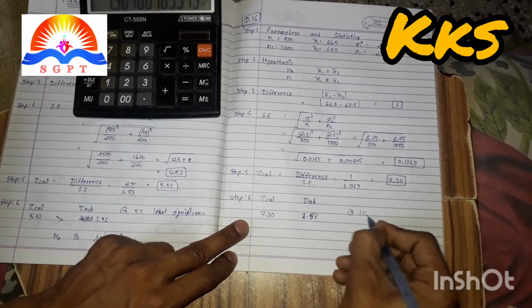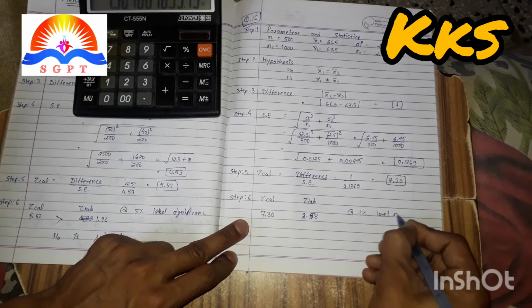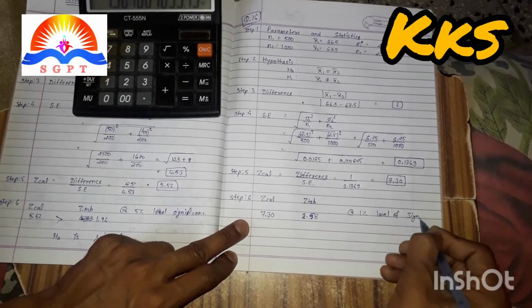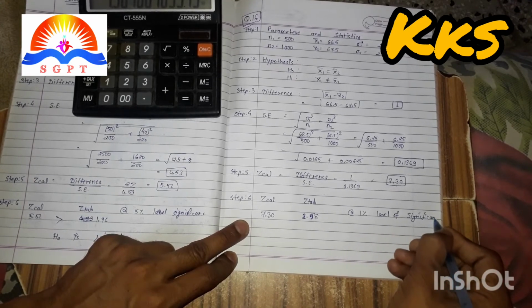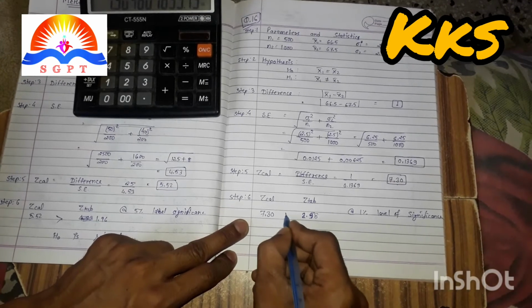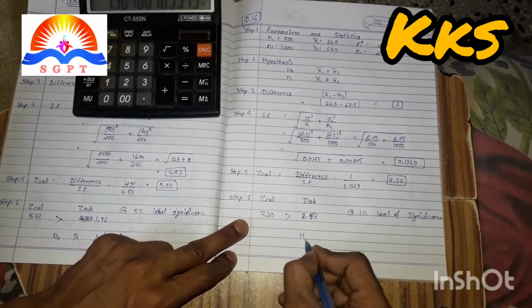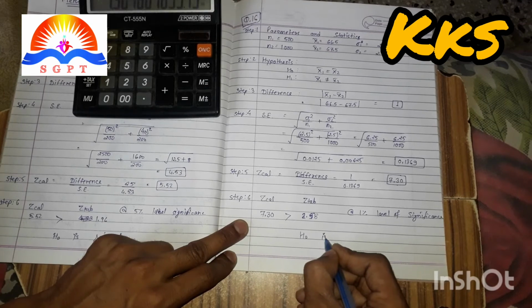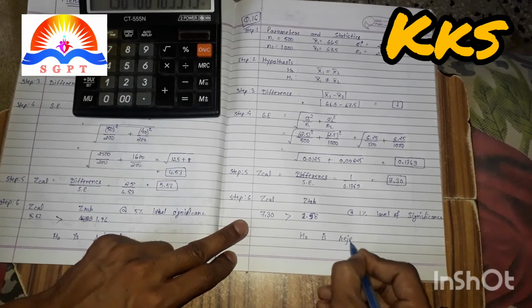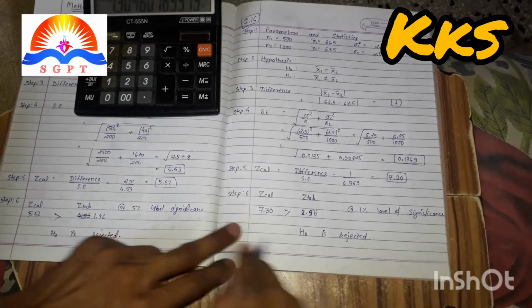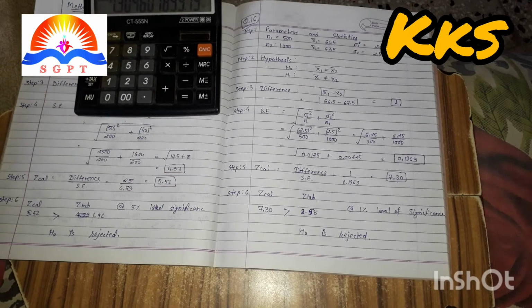At 1% level of significance the table value is 2.58, so it is greater. If it is greater, then H0 is rejected. Thus our test case has been cleared.